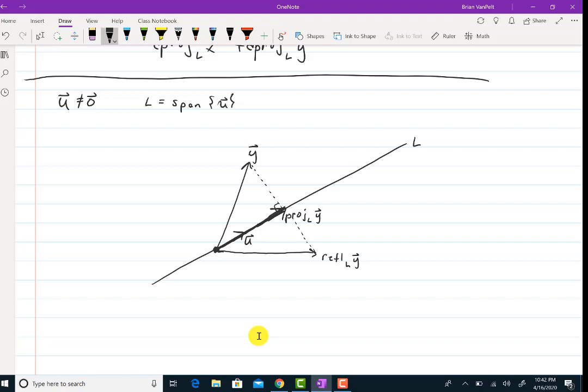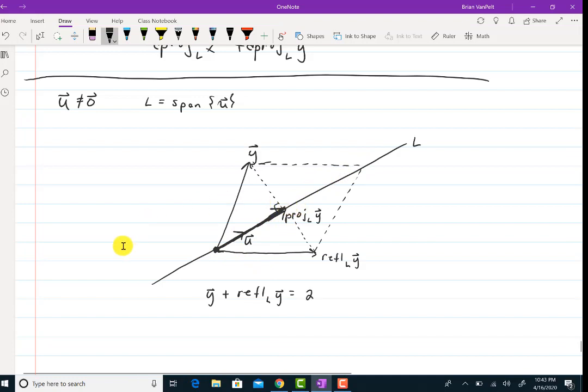Now, if you do your normal geometric stuff like the following, I'm drawing dotted lines here, so that you can see that this diagonal is equal to the sum of the vectors y plus reflected y. So I have y plus reflected y is equal to the length of this diagonal, which is twice the projection.